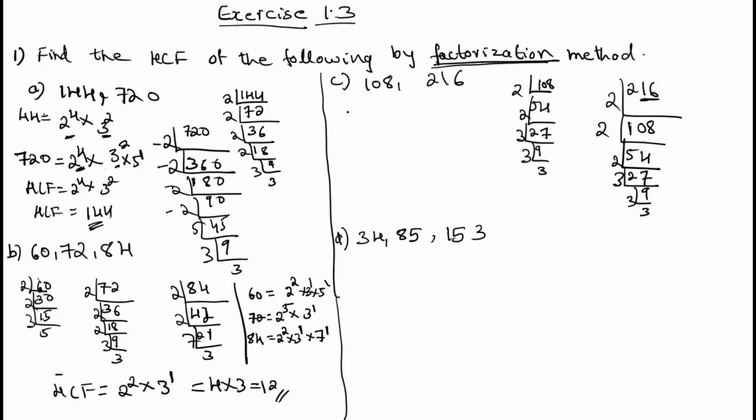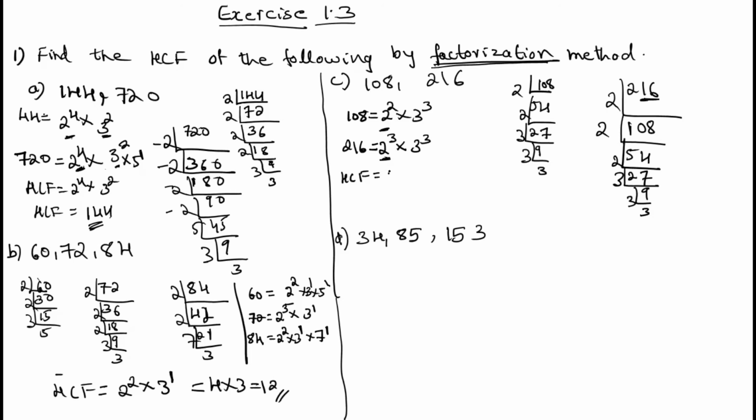Then see 108 is equal to 2 to the power 2 into 3 to the power 3, as well as next is 216. 216 is equal to 2 to the power 3 into 3 to the power 3. Then see HCF is equal to product of the least power of the common factors. What are the common factors? One common factor is 2.